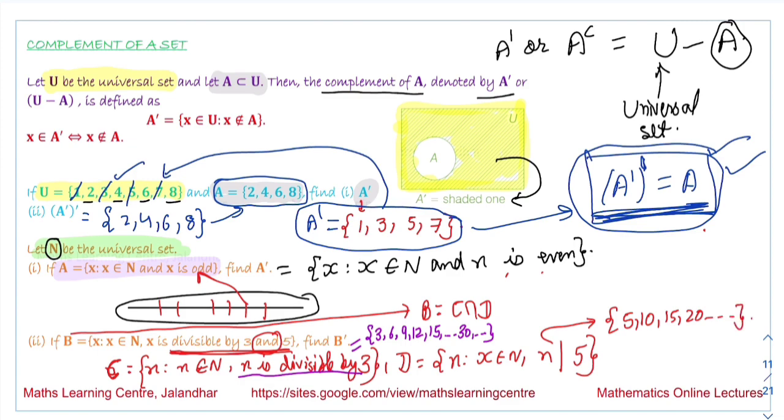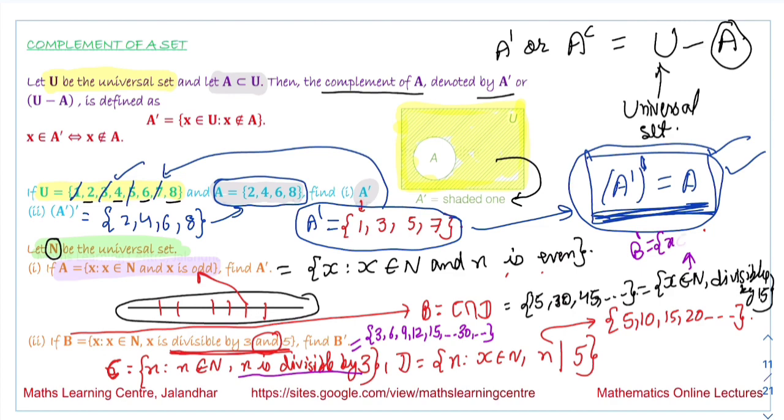So what is the intersection of these two sets? It is 15, then 30, then 45 and so on. So these are basically those natural numbers which are divisible by 15. So the complement of this set, the complement B dash, will be those natural numbers x.